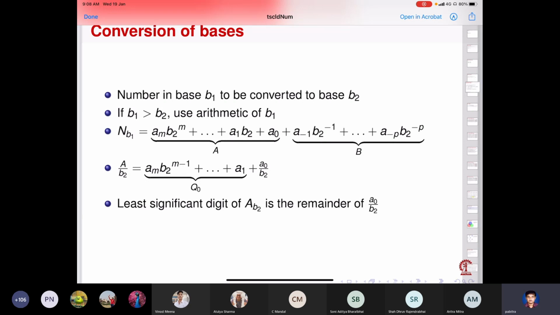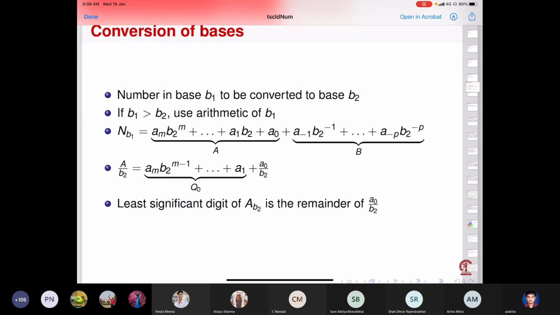So AM B2 to the power M becomes AM B2 to the power M minus 1 and so on. When you do this process for decimal to binary, you will see that it is not such a complicated process as it appears from this equation. The last digit, the least significant digit, becomes A0 by B2.